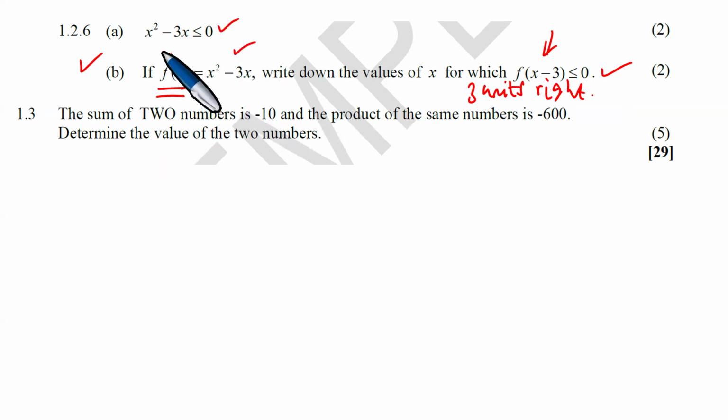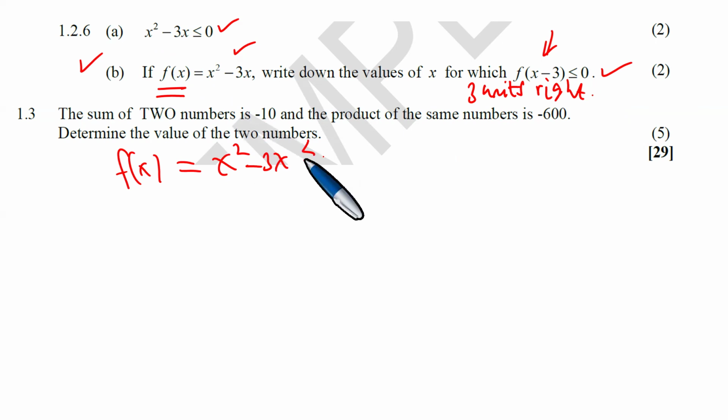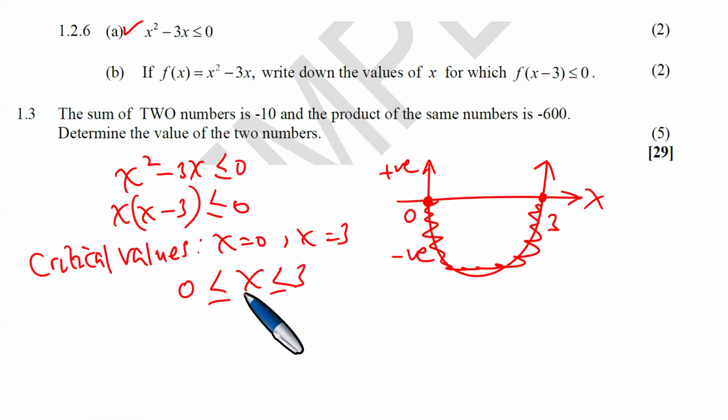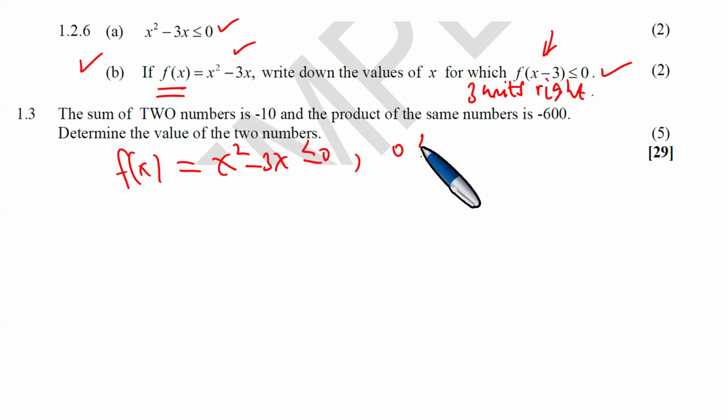We know that f of x is equal to x squared minus 3x. We have already looked at the part where this is less than or equal to 0, and the solutions we got are x between 0 and 3 inclusive.